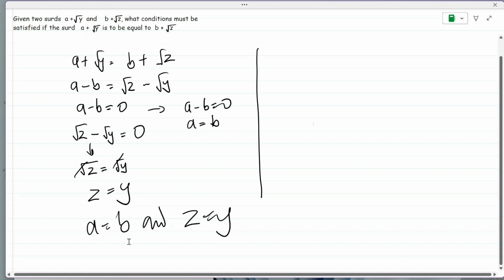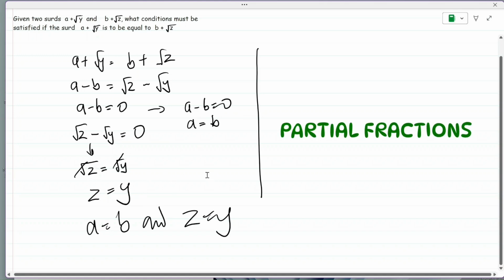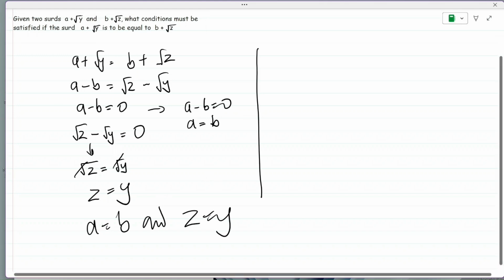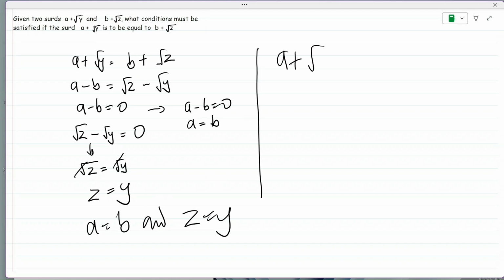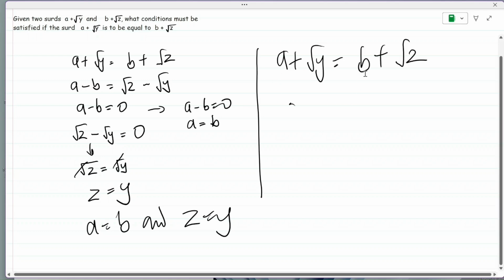As said earlier, this is very important in finding the square root of surds. And also, this technique is used in partial fractions, another topic under further math. So what we've done on this side is saying, for example, you have a plus root y equals b plus root z. And because a and b are constants, they don't have roots, you can say a equals b, and y is under a root and z is also under a root.